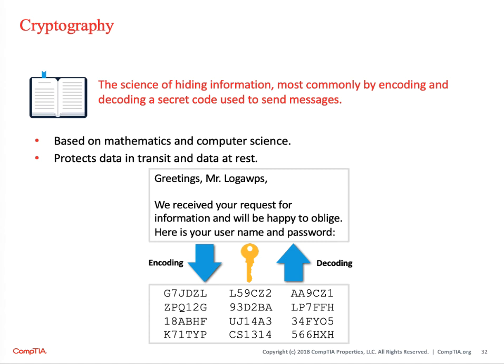Cryptography. So, cryptography is the science of hiding information by encoding and decoding a secret code used to send a message, right? It's like the backbone of our computer security right now.